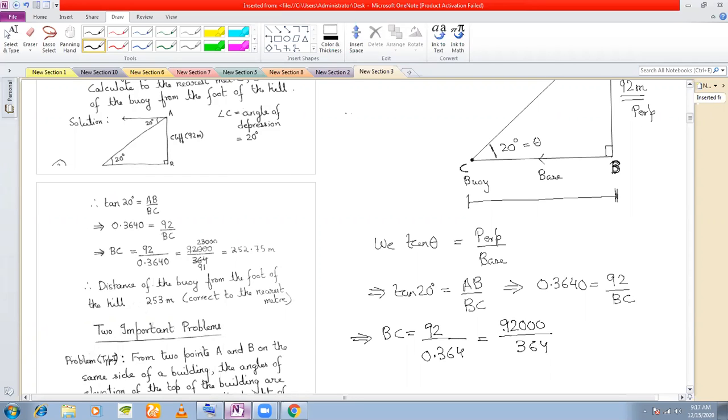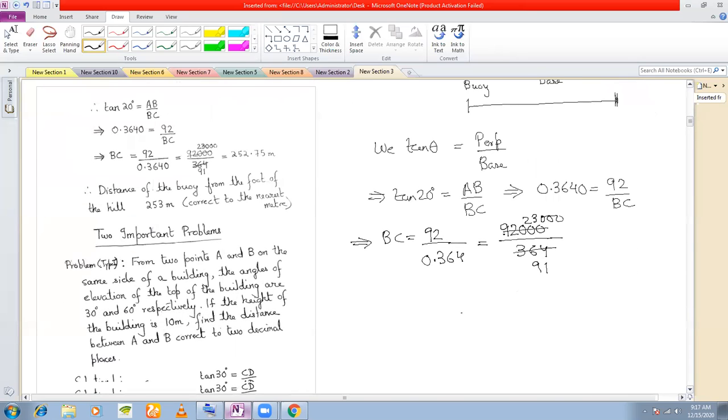Now here there is nothing much to do except that you can cancel and you can divide directly. So you first cancel with 4. Now it does not divide any further. It does not cancel any further. So you simply divide this. That is 91.